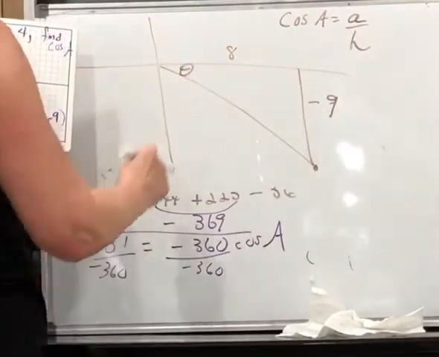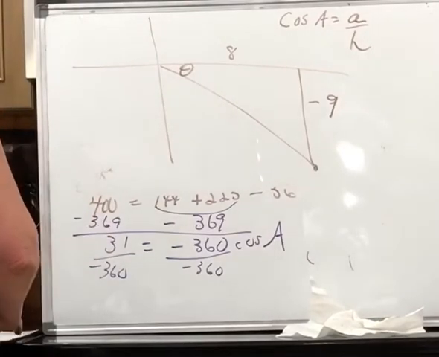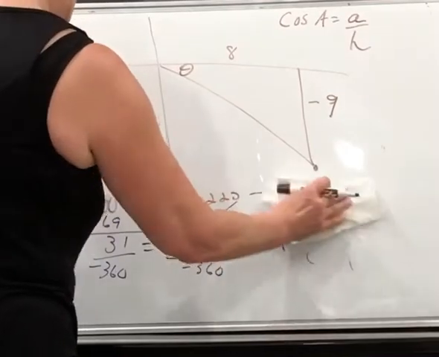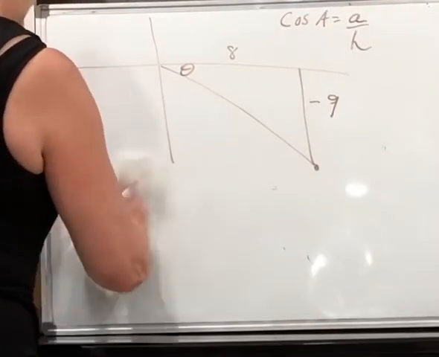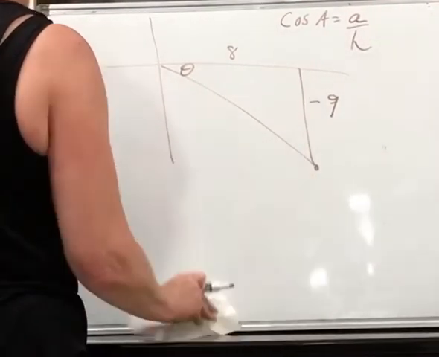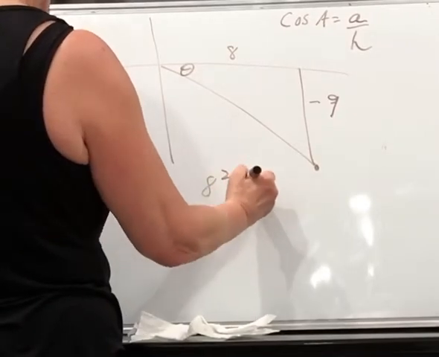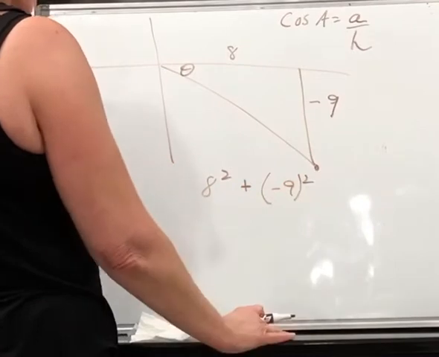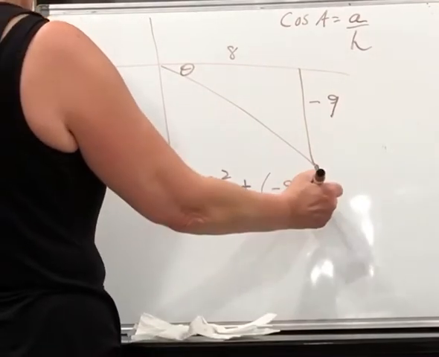That will help me to realize I do not have a hypotenuse. So what do I need to do? I have to find it. A squared plus B squared equals C squared. The Pythagorean theorem will get me there. So 8 squared plus, now I can put negative 9 and square it, but I can also use positive 9 because it's going to end up positive anyway.